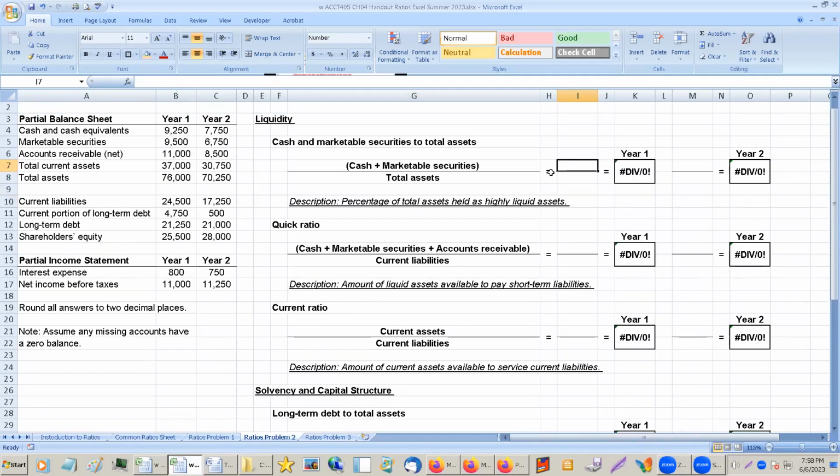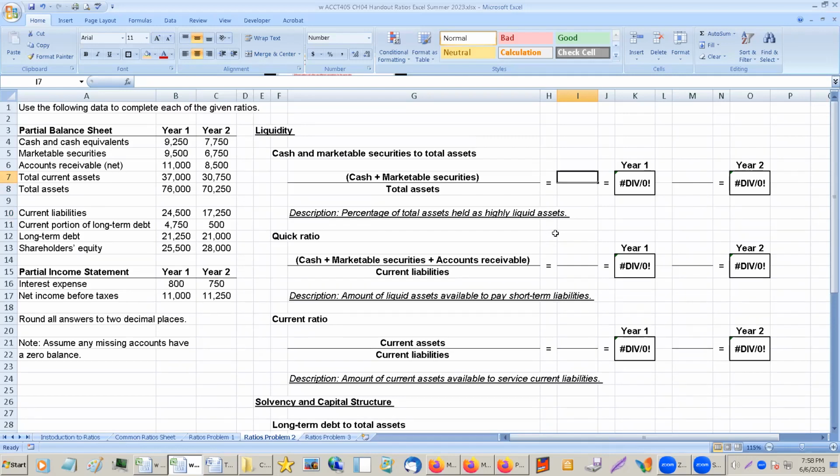Okay, so if we had to pay off, or excuse me, cash, marketable securities to total assets. Oh, cash to total. How much of your assets are cash? So cash plus marketable securities, and you divide that by total assets.